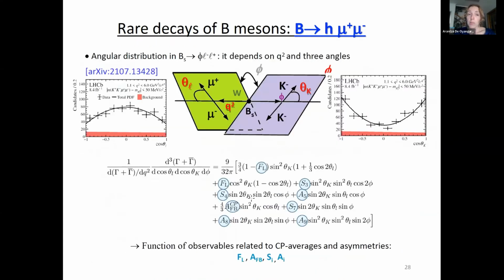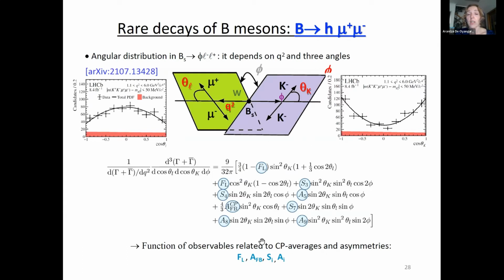But we can do measurements of other observables. For instance, the angular distribution, which can be well measured, and we have done that. In this case it is complicated because you have different angles. It is similar to what I was explaining for B to K*. So you have different functions which depend on these Wilson coefficients.